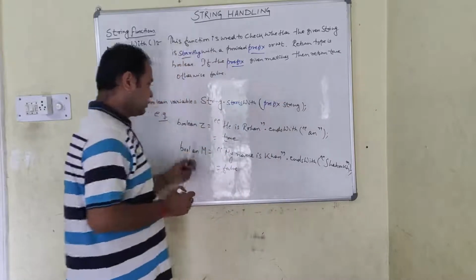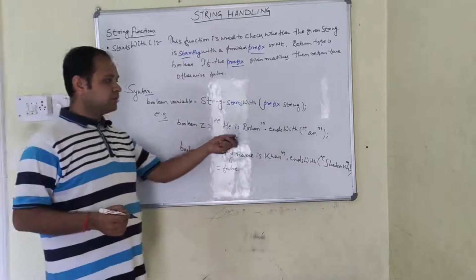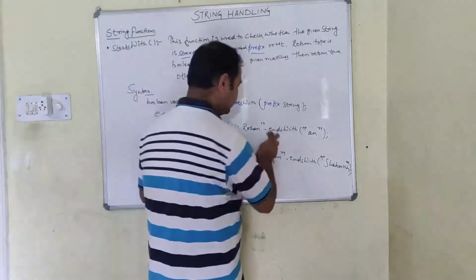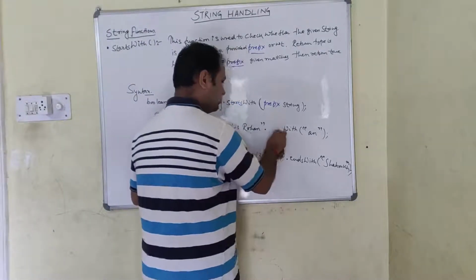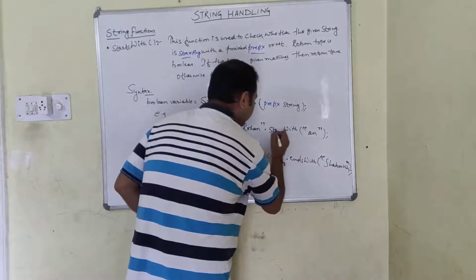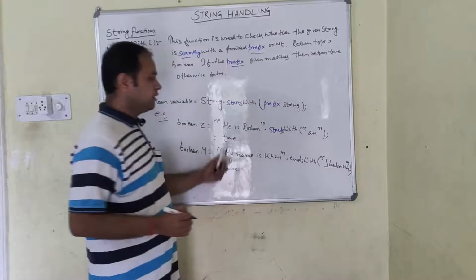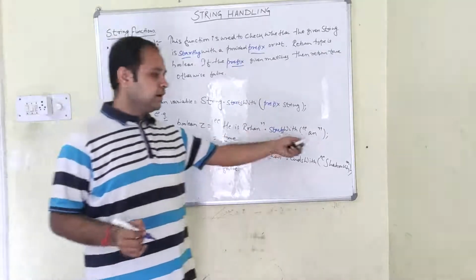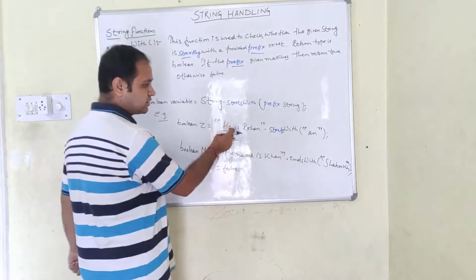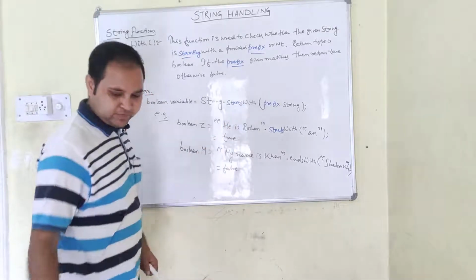For example, boolean z is equal to "He is Rohan" dot endsWith, in place of that we will write startsWith. Now as I have written "He is Rohan" dot startsWith, and in the bracket I have written "an", you can see that the sentence is not starting with "an", so it gives you false.